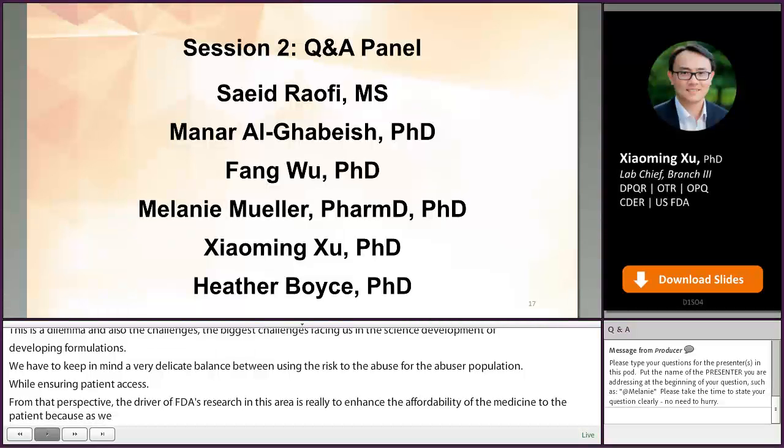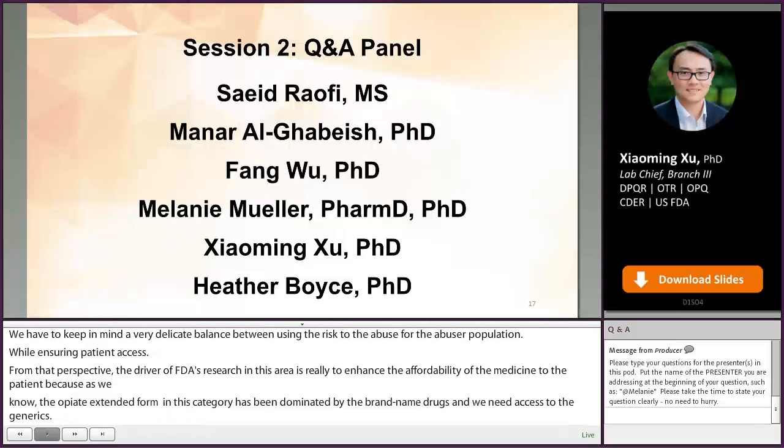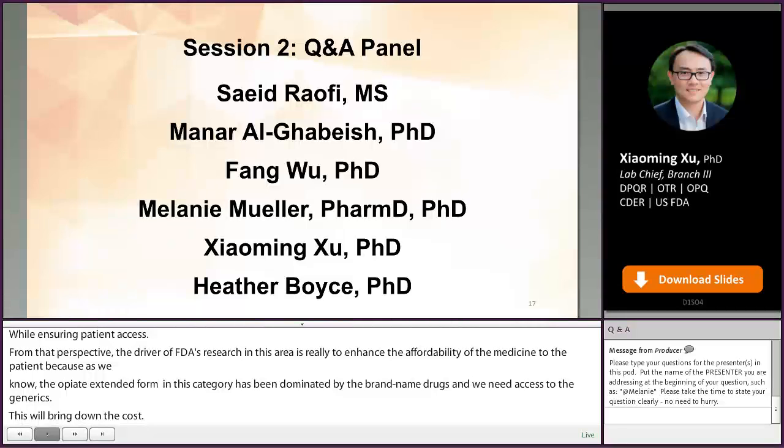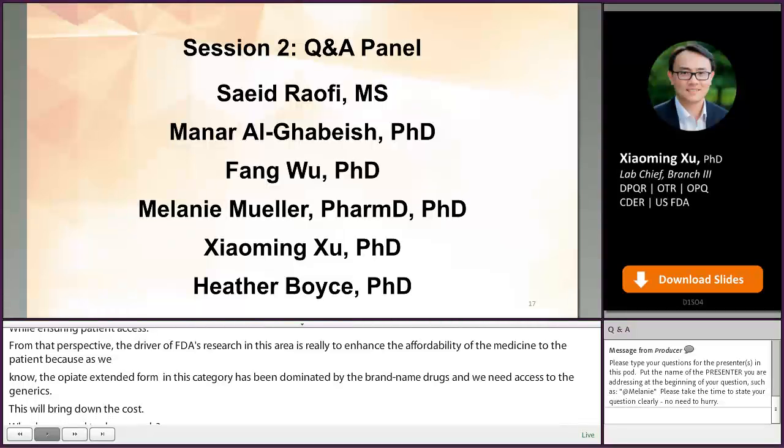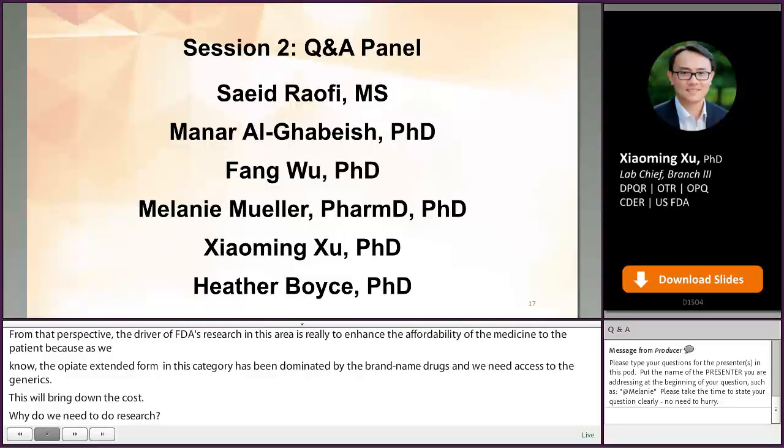Now, why do we need to do research? As with any new scientific endeavor, there's generally a lack of understanding at the very beginning. And this is especially true for the abuse-deterrent formulation. The examples shown by Manar and Saeid showed a lot of progress has been made in this area to improve the understanding.